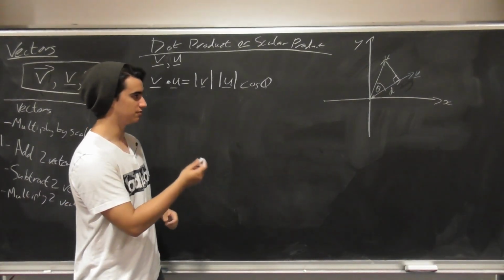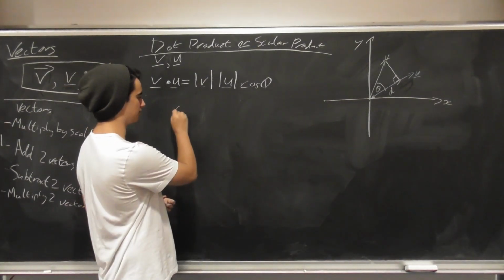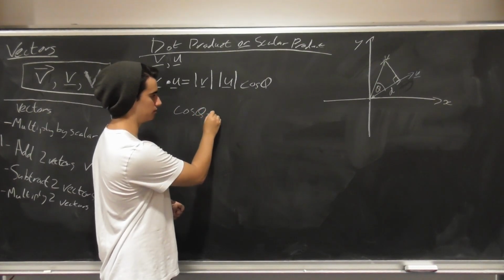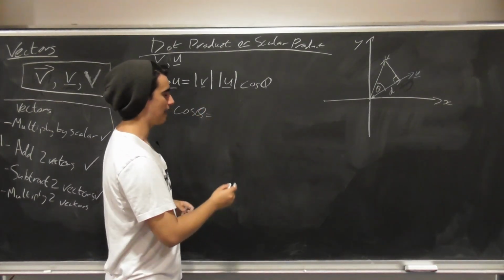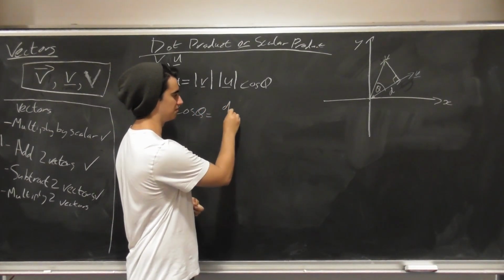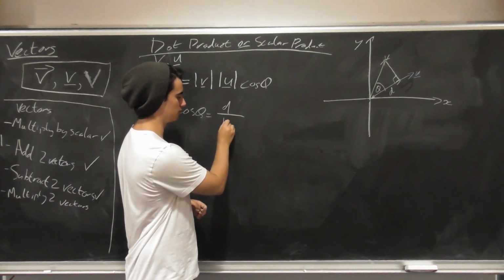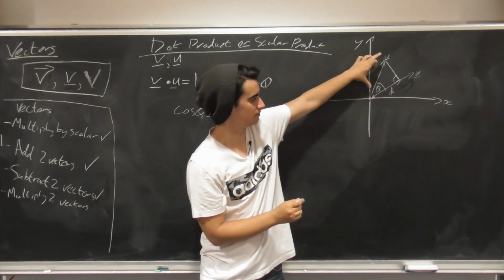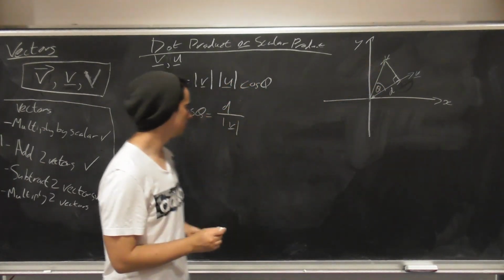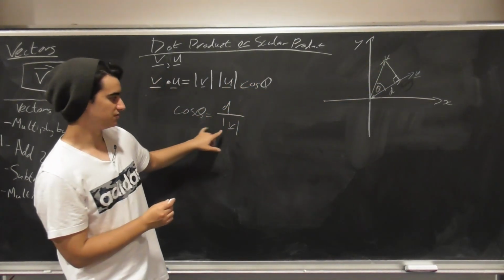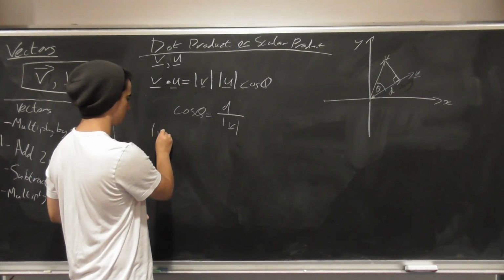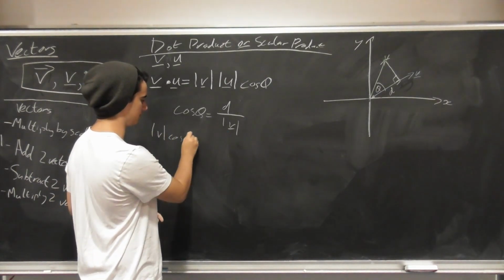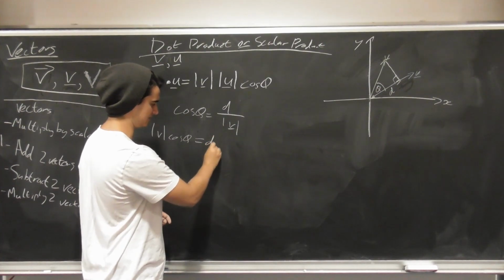So we said that the cosine of theta, this angle here, is the same as d over the magnitude of v. D over this hypotenuse, the distance from the origin to v. If we multiply both sides by the magnitude of v, we have the magnitude of v times cosine theta is equal to d.